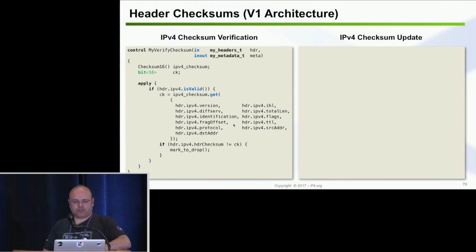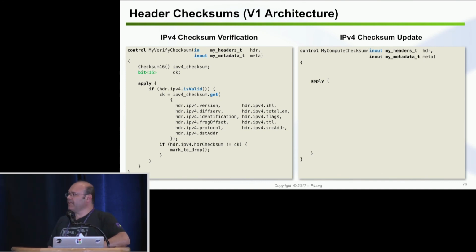And then we check if this checksum that was calculated is the same as what was carried in the header. If it was not the same, then we mark the packet for dropping or do something else.